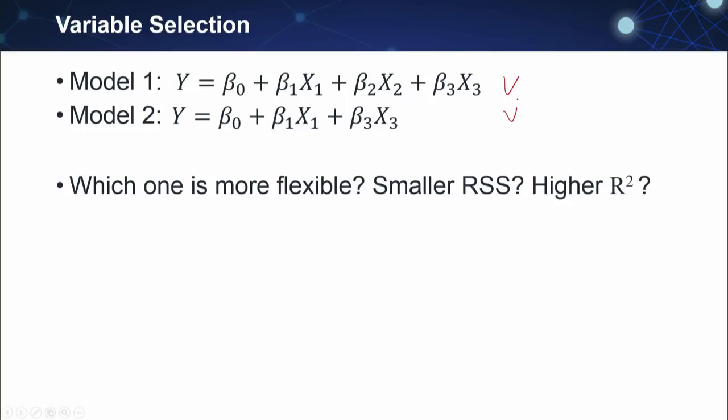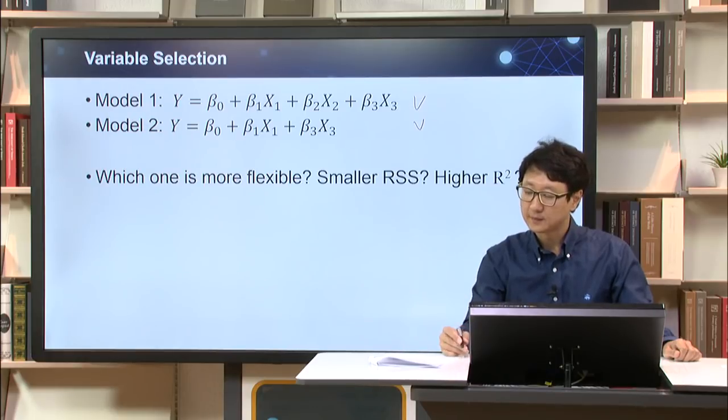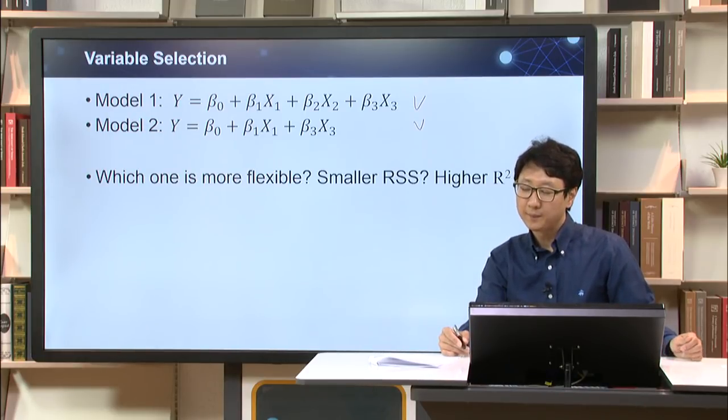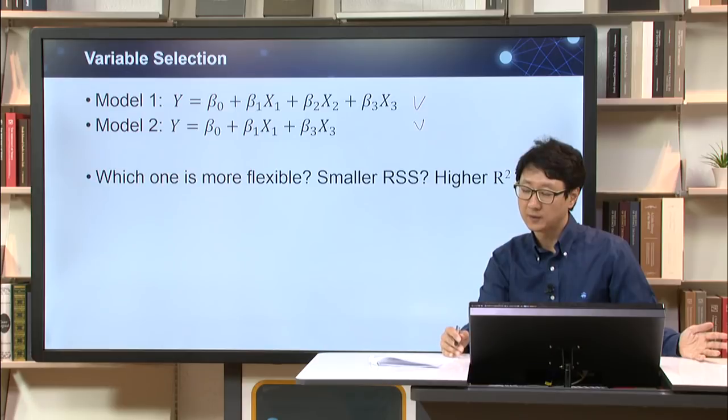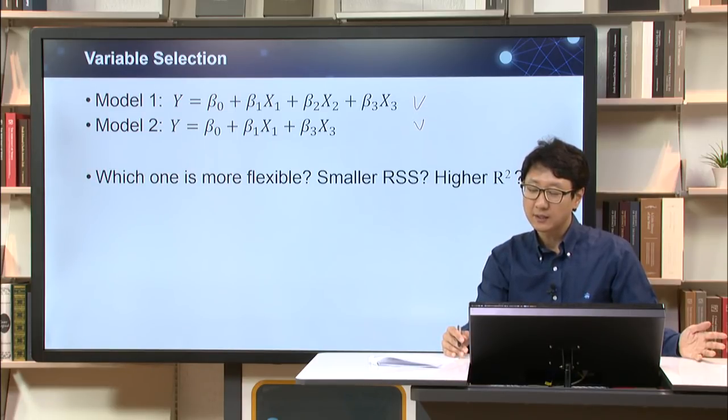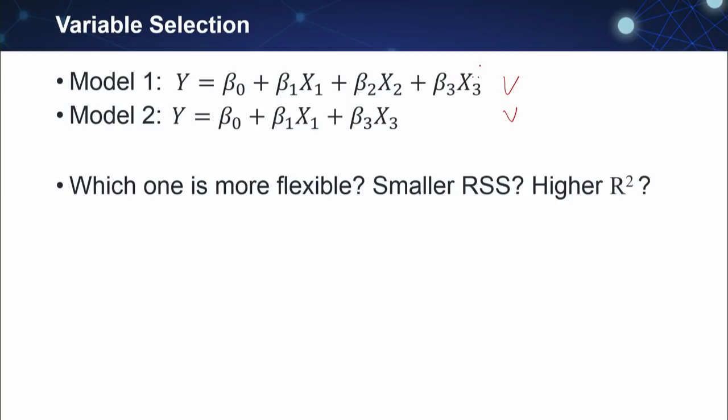If x2 really has no relationship with y, between these two models, which one is more flexible? Can you think? Definitely, model 1 is more flexible because it actually includes model 2.